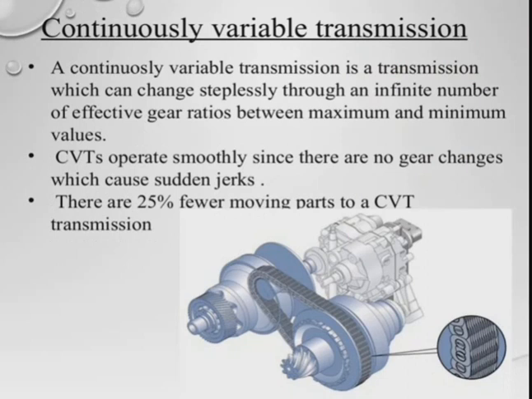When we select first gear, second gear or third gear, a specific ratio is available in the manual system. But here it is not so. Here an infinite number of gear ratios is available, between maximum and minimum values.